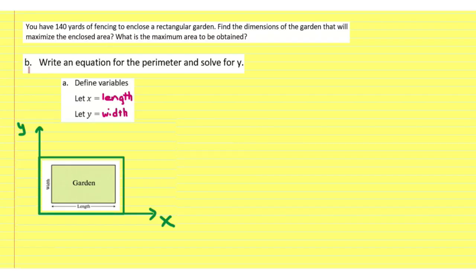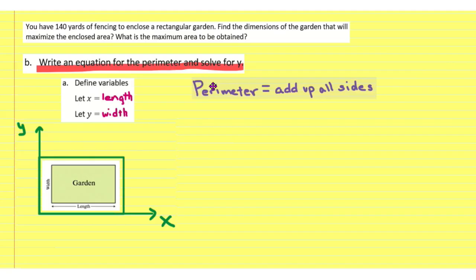Okay, the next step says write an equation for the perimeter and solve for y. So our perimeter, what is the perimeter? It's adding up all the sides. And of course, we determined that this side we're going to call y, which represents the width, and this side would also be y, and this length is represented by the x, and this would also be the x.